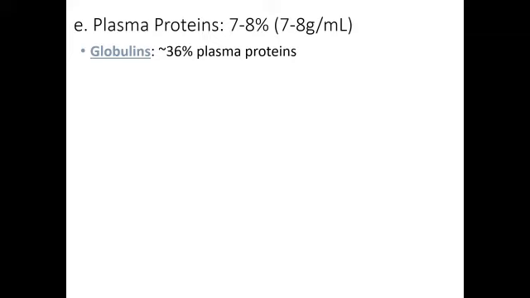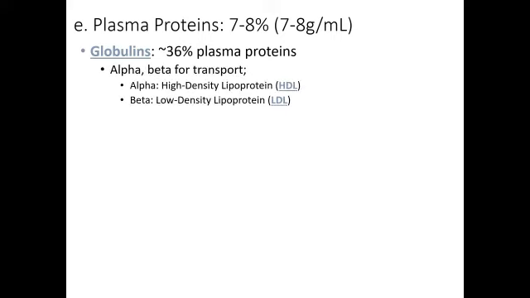The next most abundant plasma protein are the group called the globulins, and about a third of the plasma proteins are globulins. There are a few different types, and you actually might even know a little bit about these already. Alpha and beta globulins play a role in the transport of lipids. Of course, lipids are hydrophobic, and so they don't really mix with the water in your blood very easily.